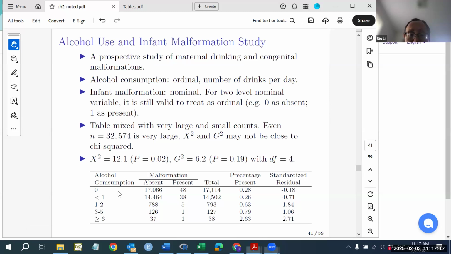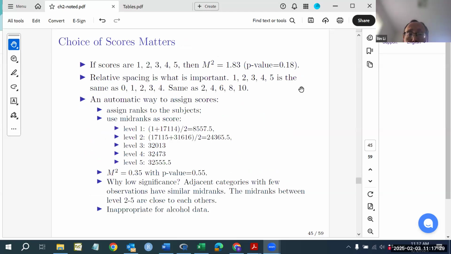But here, instead, we choose 1, 2, 3, 4, 5. If we choose that, you can see the test results will be very different. The M-squared test result is 1.83, and the p-value is not significant at all.